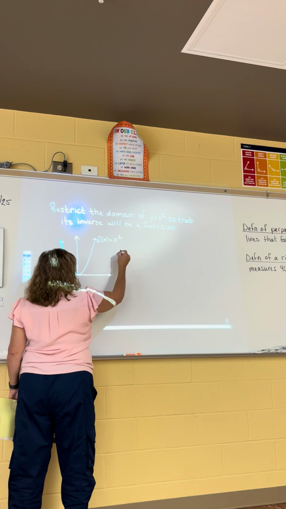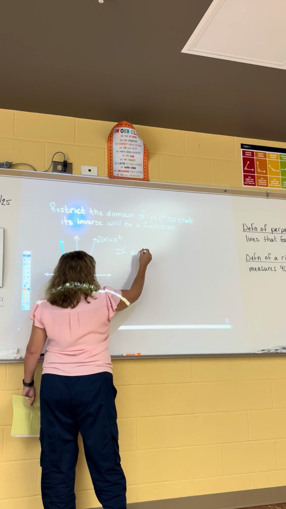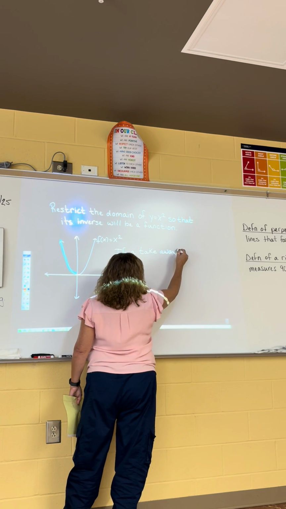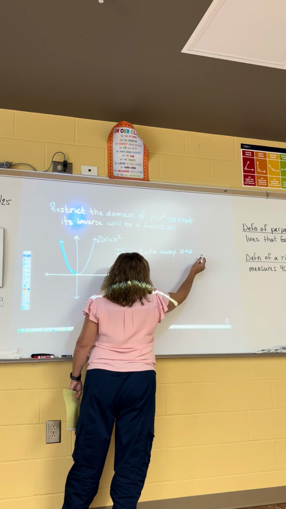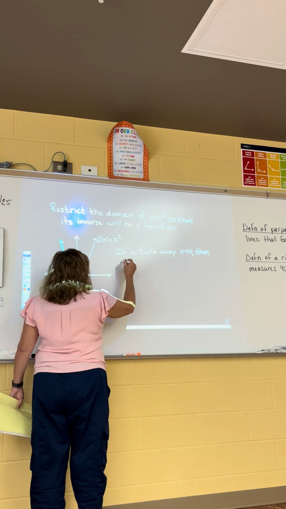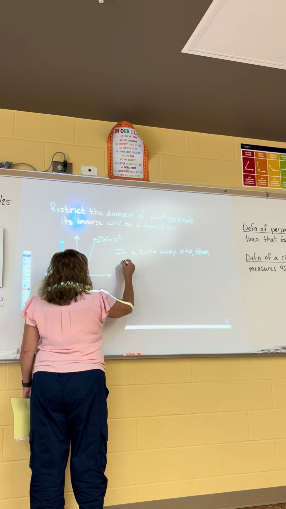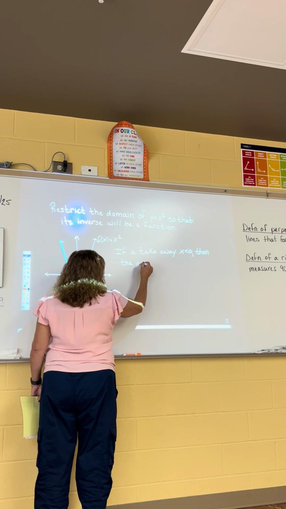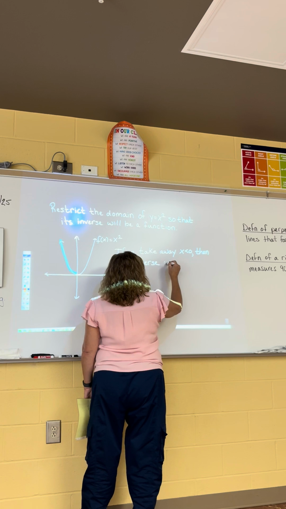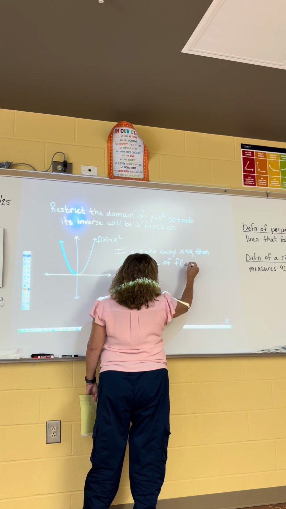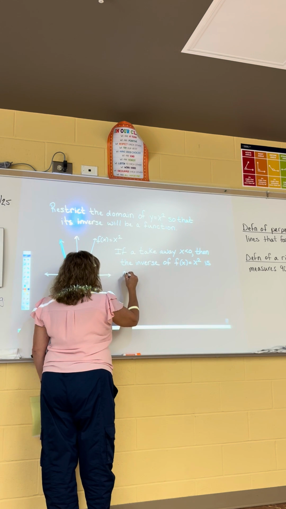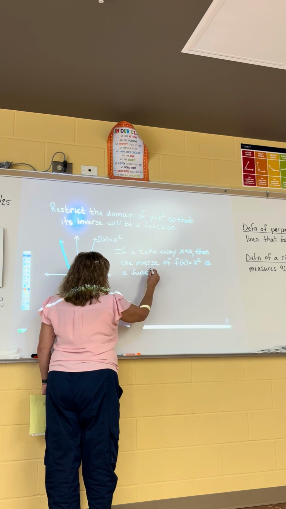I'm just circling, labeling it, take away x is less than 0. If I take away x is less than 0, then the inverse of f of x equals x squared is a function.